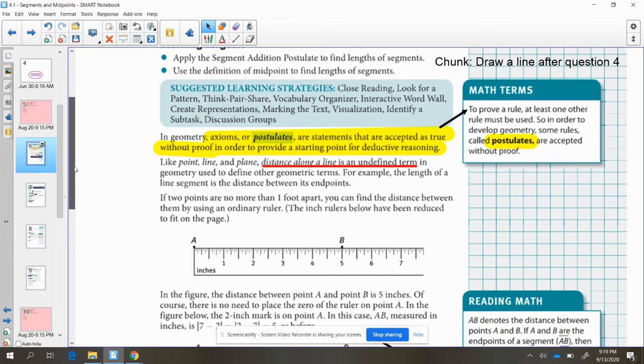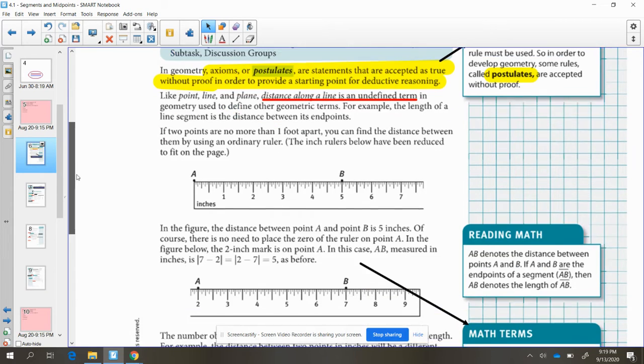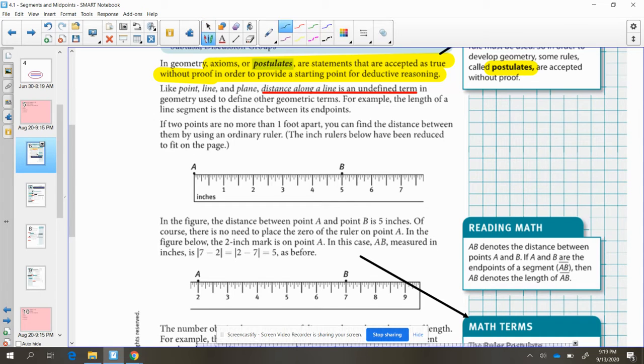One thing we talk about in all of math, not just geometry, is distance. Like point, line, and plane, distance is an undefined term to us. When we name a line segment, we would say, for instance, segment AB with the segment bar on top. If we just say AB without the segment bar, this means we want to calculate the distance or length of that segment.